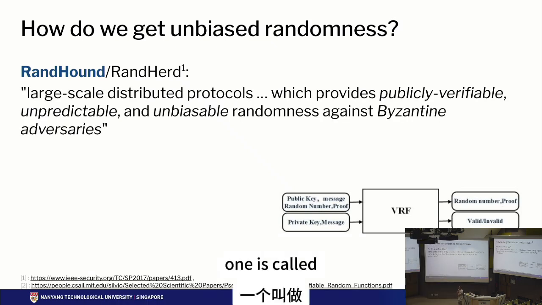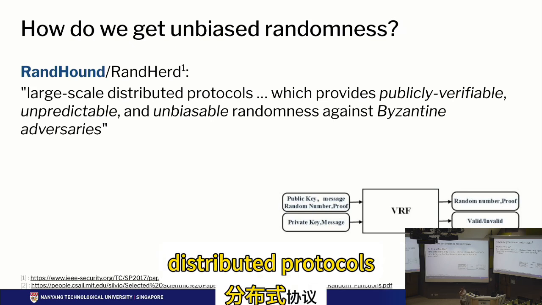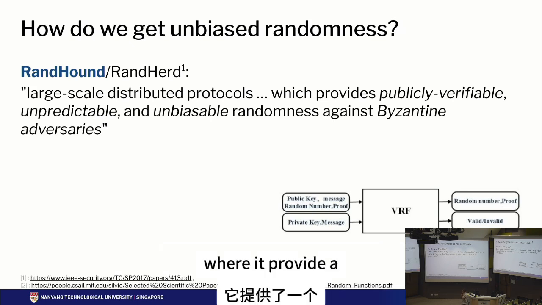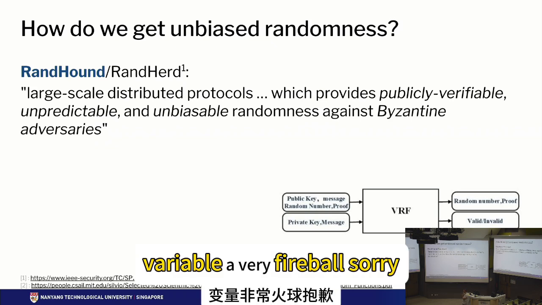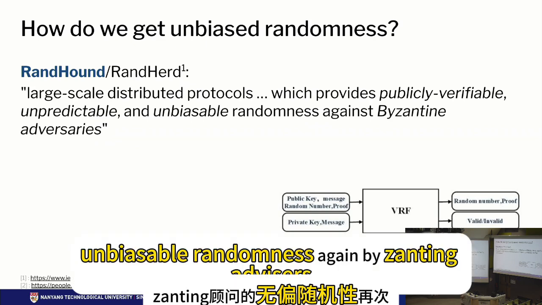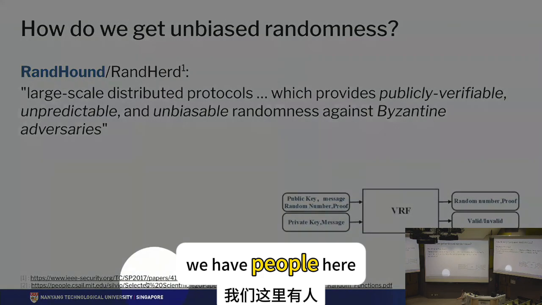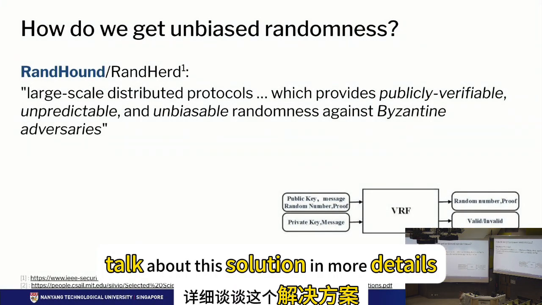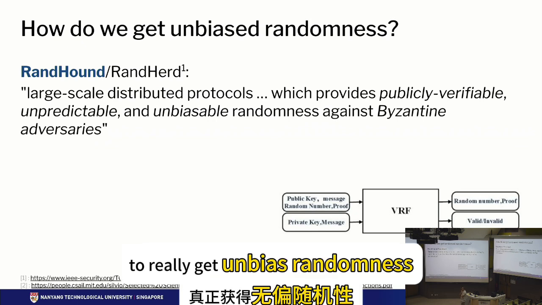One is called RandHound, a large-scale distributed protocol that provides publicly verifiable, unpredictable, and unbiasable randomness against Byzantine adversaries. I won't go into the detail. We have a paper here that talks about this solution in more detail. It's a very interesting one for getting unbiased randomness.